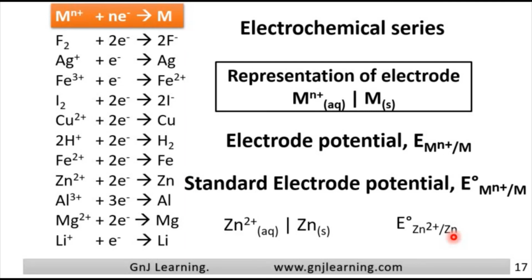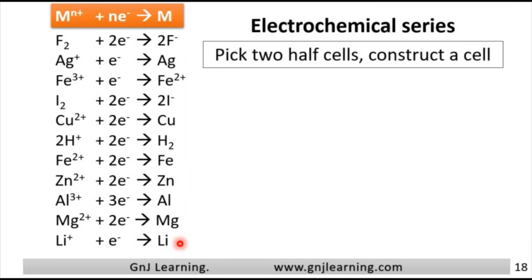Now let's see how to construct a galvanic cell out of this electrochemical series. First, we have to pick two half cells to construct a cell. Let us pick Cu and Fe electrodes.